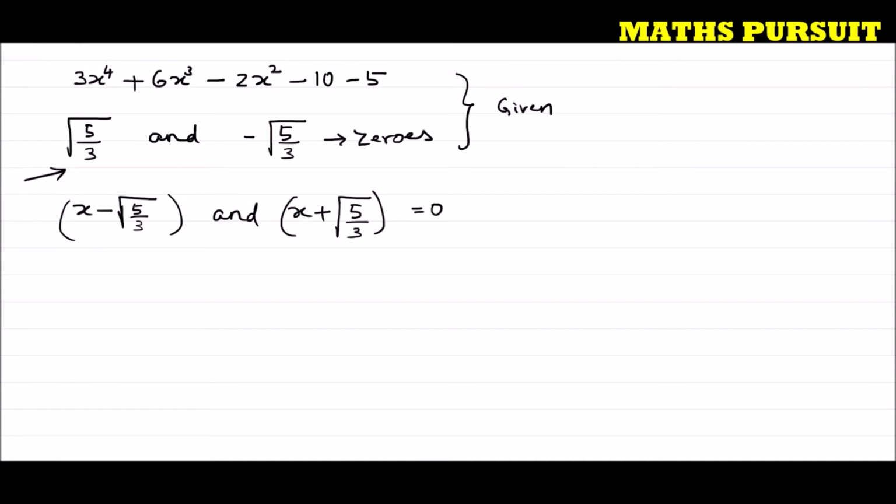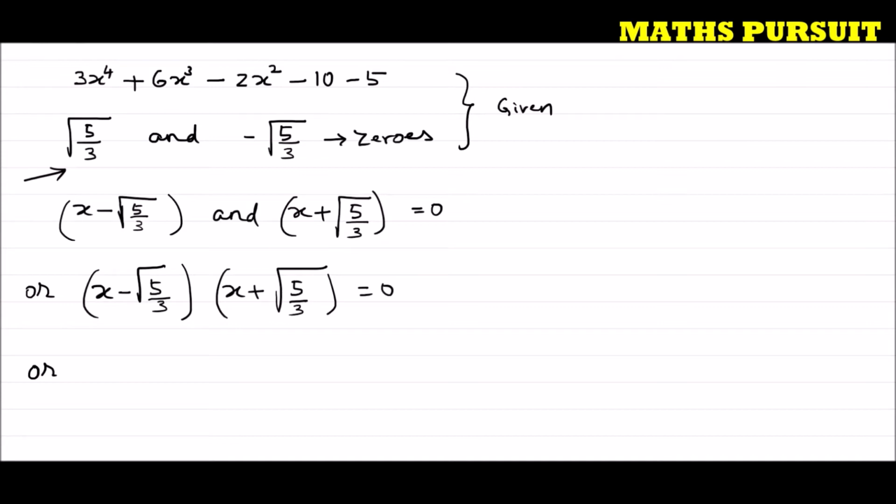This is how we can start our calculation. Or I can write (x minus root over 5 upon 3) into (x plus root over 5 upon 3) is equal to 0.